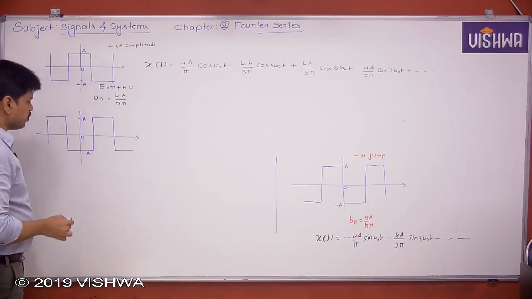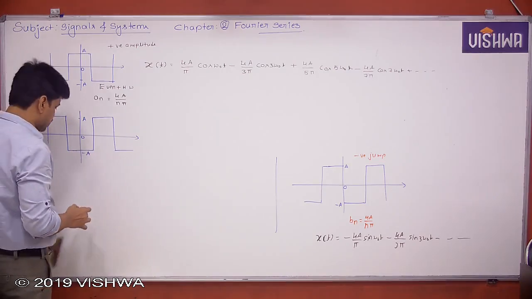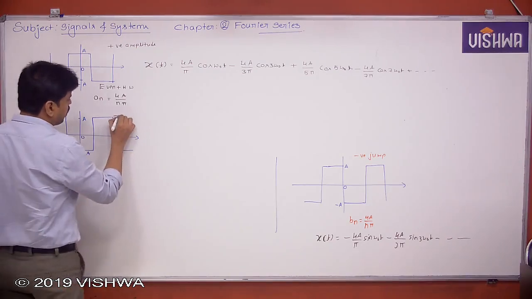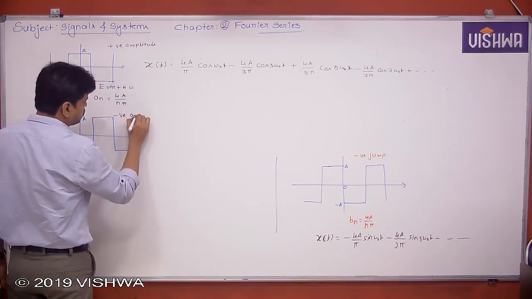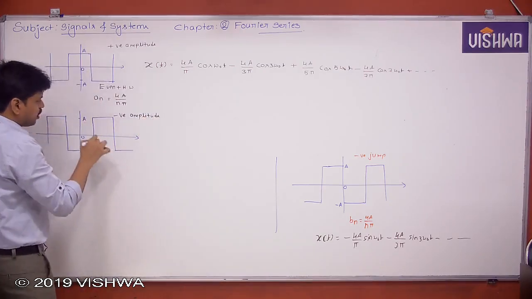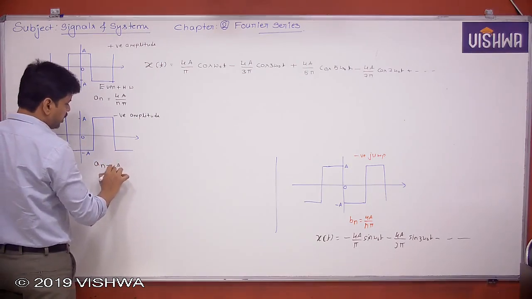So if you observe carefully, at 0 we are having minus a. Then what kind of symmetry is it exhibiting? So it is a negative amplitude at 0. It is also even plus half wave only. So it is also having an equal to 4a by n pi.